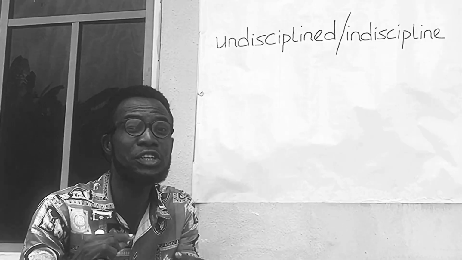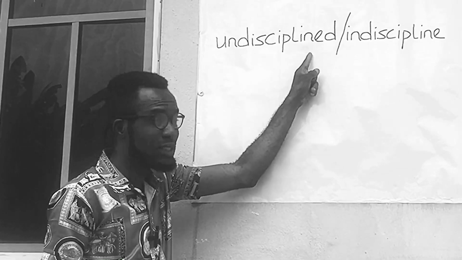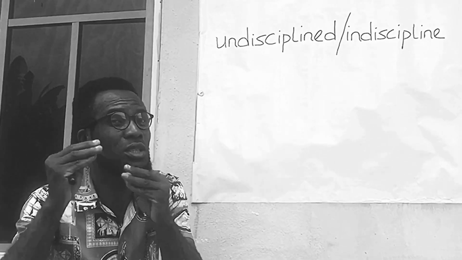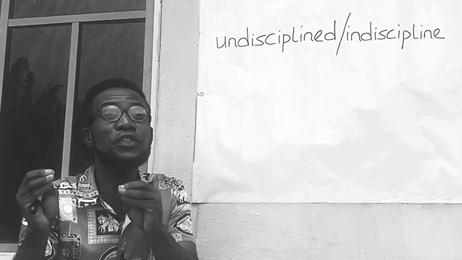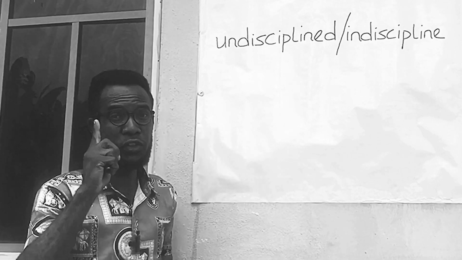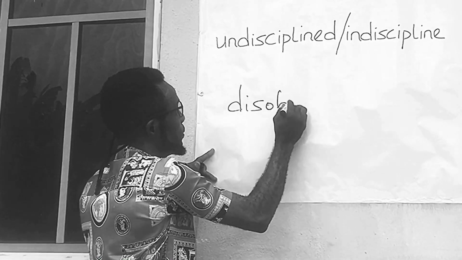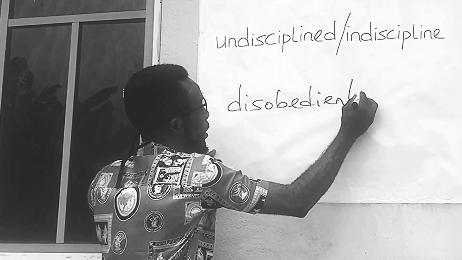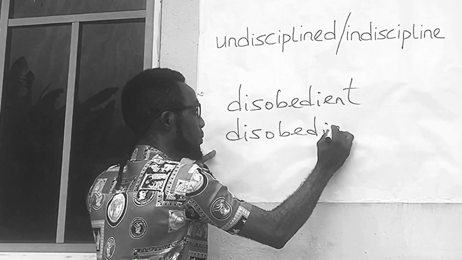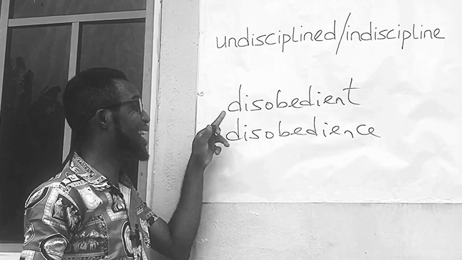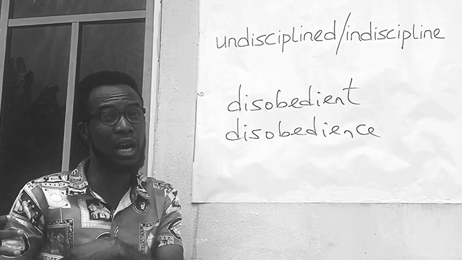Whenever an English question wants you to choose between undisciplined and indiscipline, I have a shortcut. All you need to do is fill the gap in the question with the words disobedient and disobedience, and check which one will conveniently enter the gap.